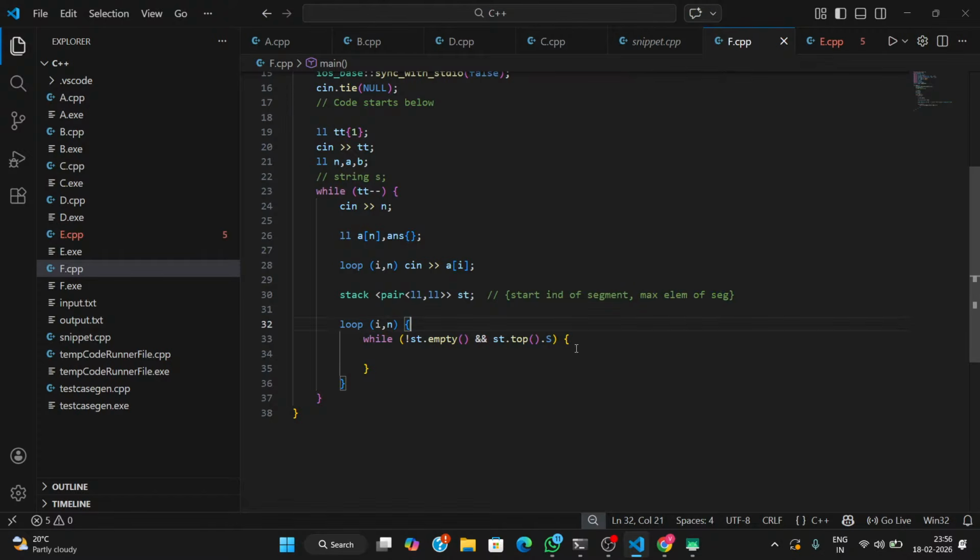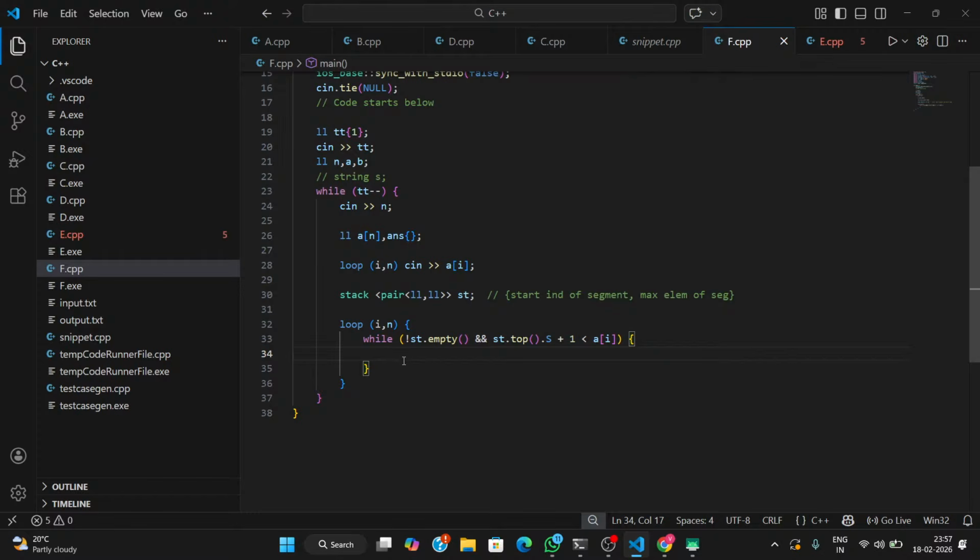So while our stack is not empty and the maximum element of the previous segment plus one, that's what we can store in our segment, right? Is less than our current element, is less than A[i], then we need to remove that particular segment, right?